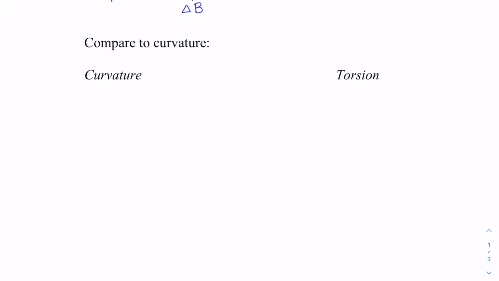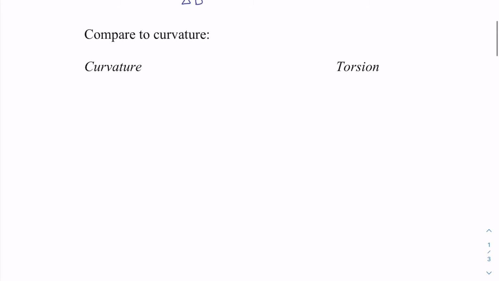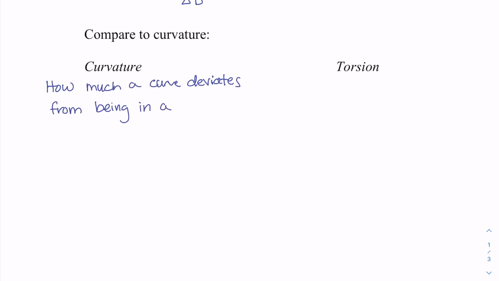A way to think about curvature is how much a curve deviates from being in a line. That's the way I want to think about curvature when we compare it to torsion.